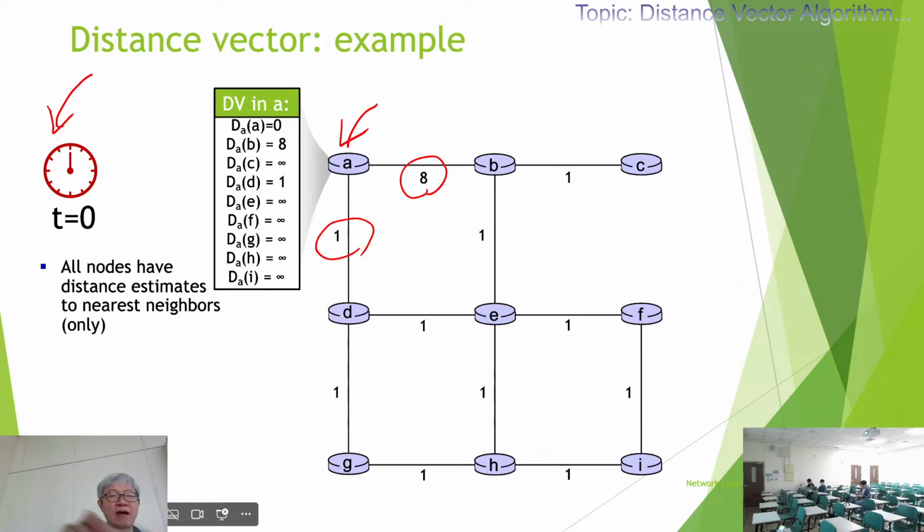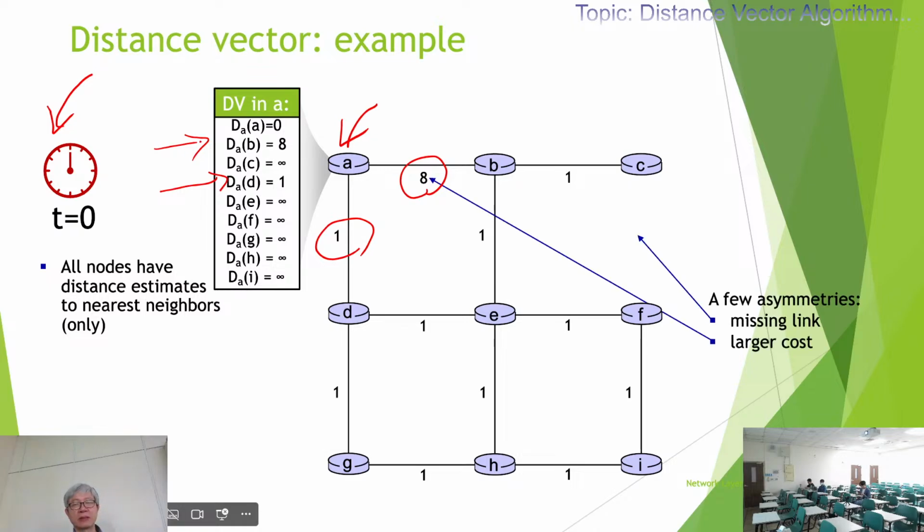You see we have D, it's 1, and we have B, it's 8 from node A. Of course, we have the missing links.